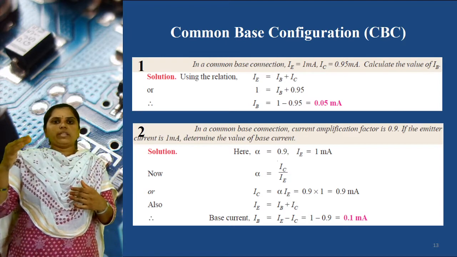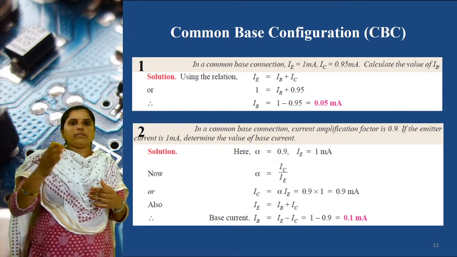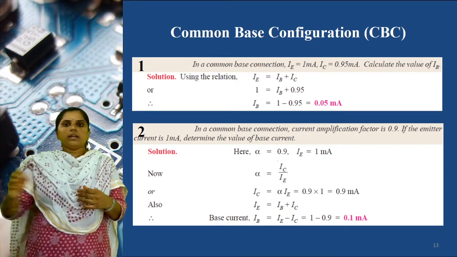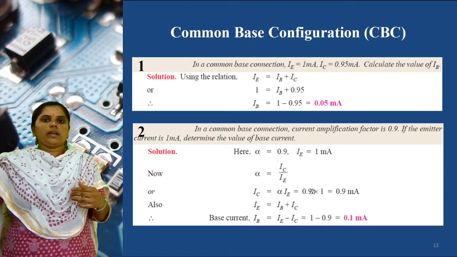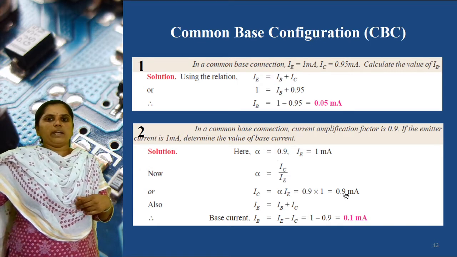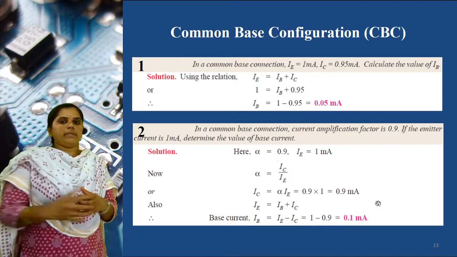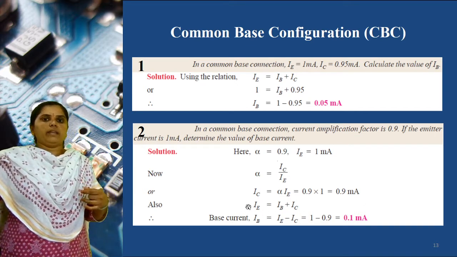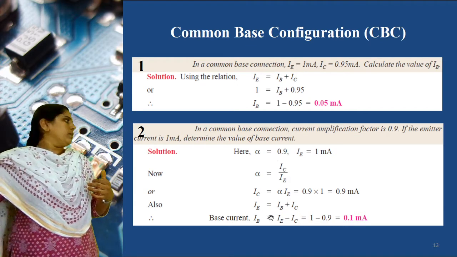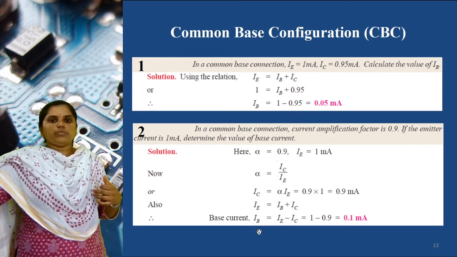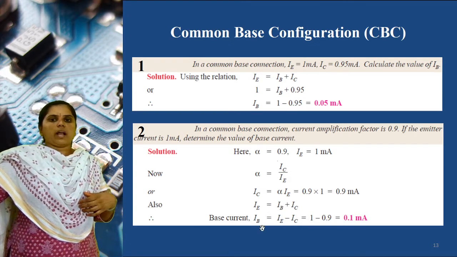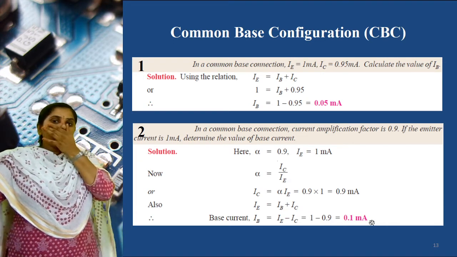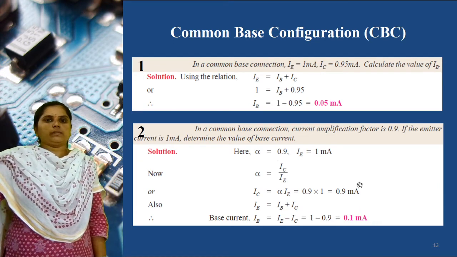We don't know the output current IC, we know only the input current. So IC is equal to alpha IE. Alpha is 0.9 and IE is 1 milliampere, we get 0.9 milliamperes. Next, the current relationship between the three terminals is IE is equal to IB plus IC. From this we calculate IB. IB is equal to IE minus IC, that is 1 minus 0.9, that is 0.1 milliamperes.